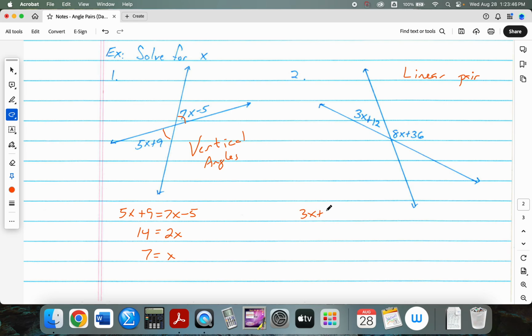So 3x plus 12 plus 8x plus 36 is 180. That's 11x plus 48 is 180.